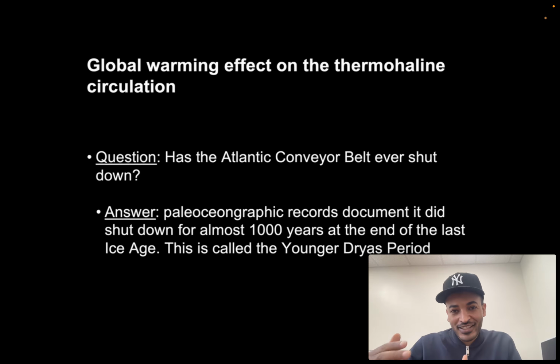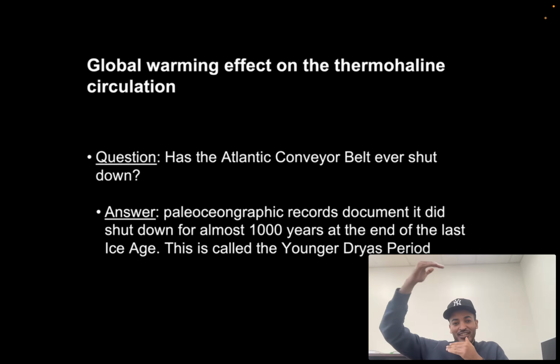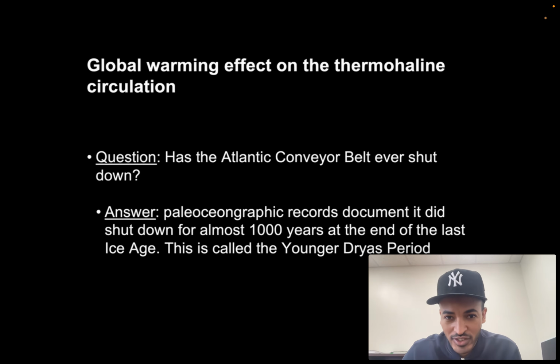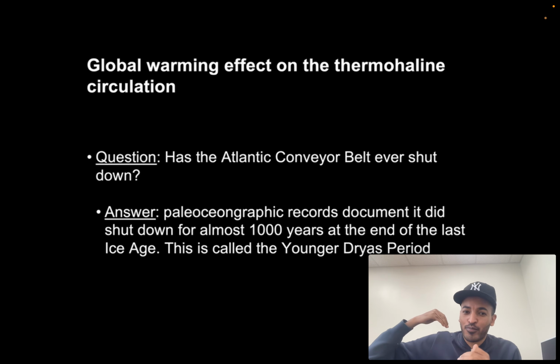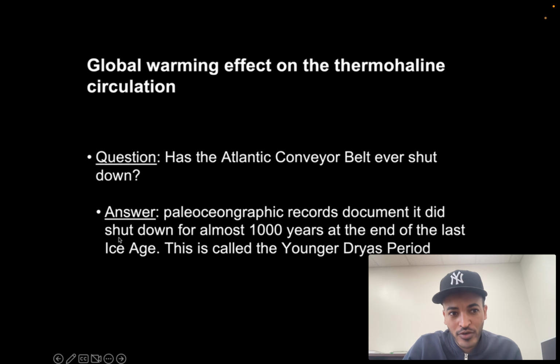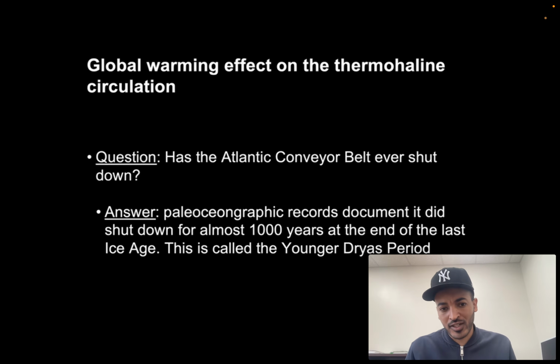So the bigger the gradient, the stronger the convection is, the stronger the movement of the different water masses is. So if I ask you what would happen to the thermohaline circulation? Well, it has different names. It's the global thermohaline circulation, the global oceanic circulation, also called the Atlantic AMOC, or the Atlantic meridional overturning circulation, right?